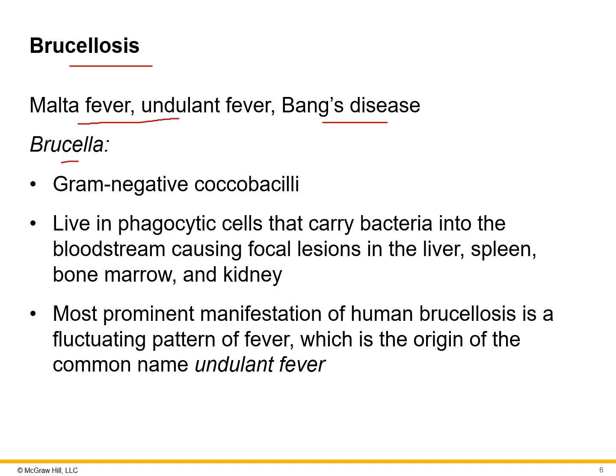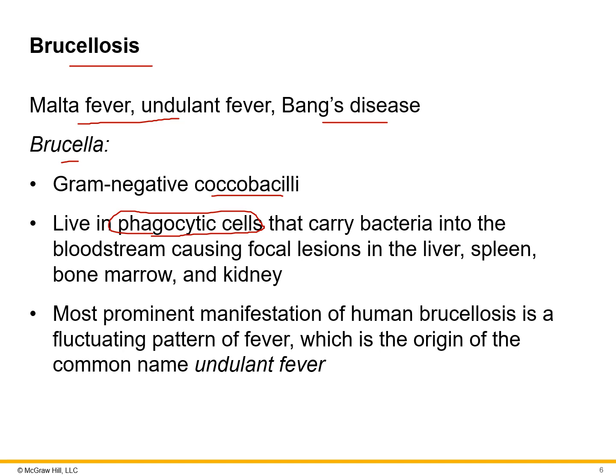Brucella is a gram-negative coccobacillus, so it's like half circled and half rod. Now, what's unique about these as far as their virulence factor, and why I wanted to mention them, is they actually live in phagocytic cells. So remember, part of our immune system gets detected, phagocytes engulf them, chop them up into pieces using lysosomes, and then get rid of them.